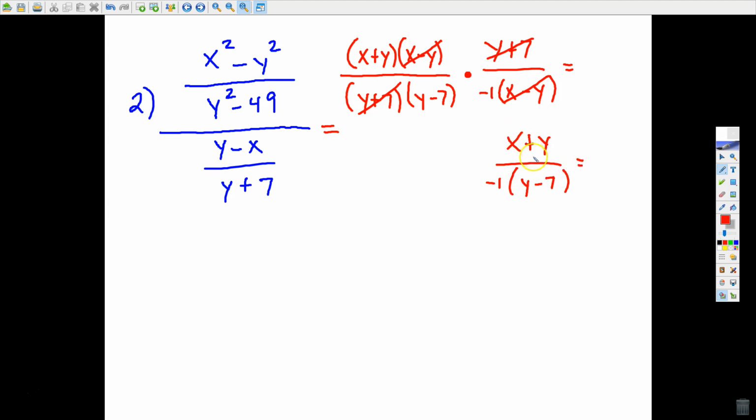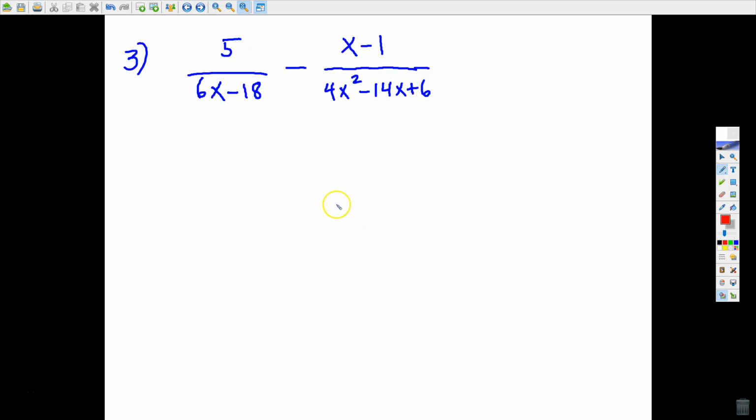In your answers file, the answers slide that I provided for you earlier, I went ahead and divided negative 1 into both of these numerator terms. So this is how I came up with my answer, negative x minus y over y minus 7. Okay, so that is the answer for number 2.